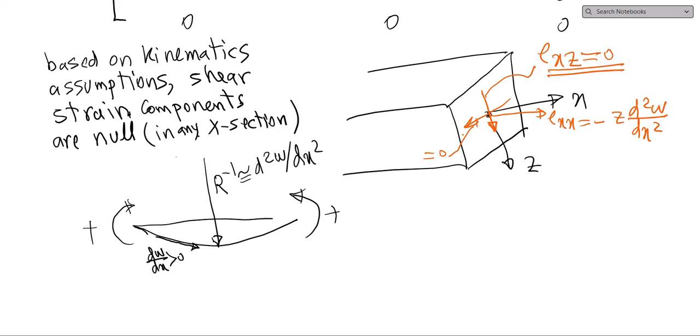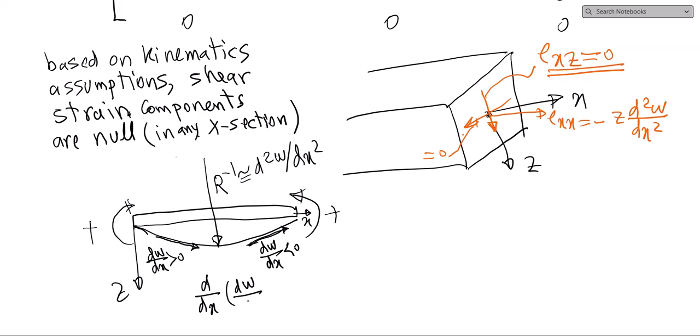And so this is my beam, this is my x, and this is my z, and my z is increasing, so this is positive, whereas here it is negative because as x increases my w decreases, and therefore it's negative. But therefore my d/dx, the change in my slope, is what?